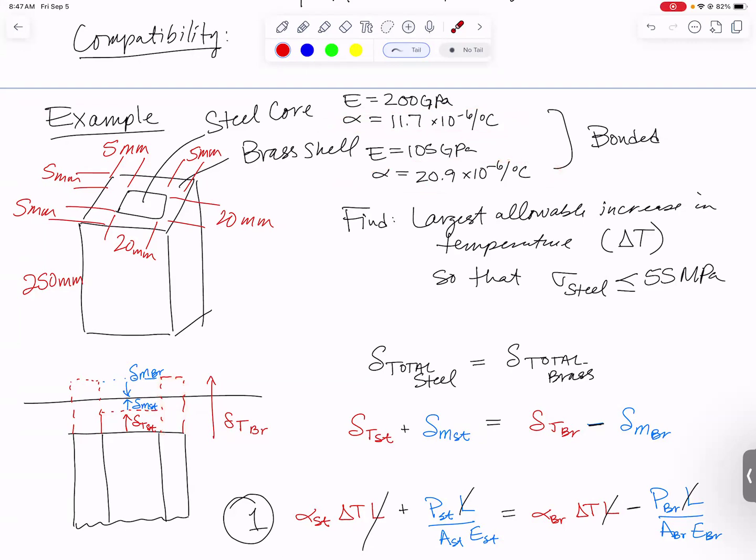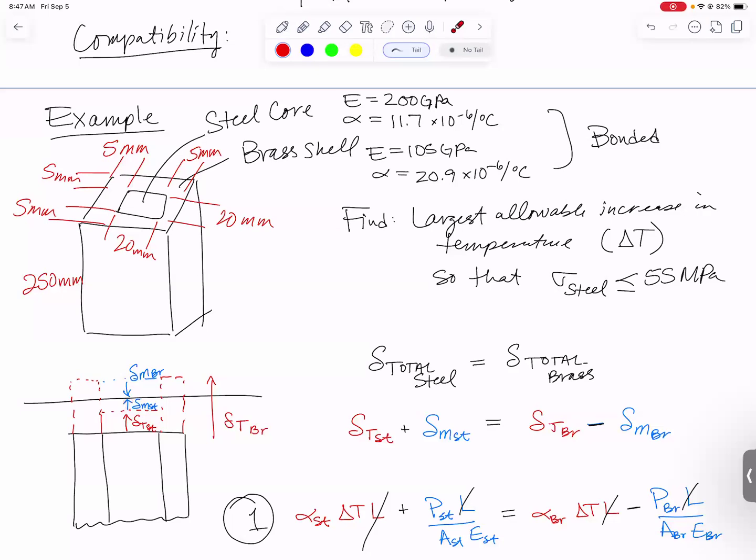This picture is really helpful at getting the right answer. Two keys were, I did look at which alpha was bigger. The bigger alpha is the one that's going to start out longer and then end up being compressed as it has to get pulled back to where these guys are going to meet partway. And the one with the lower thermal expansion coefficient is the one that has to get pulled out longer.